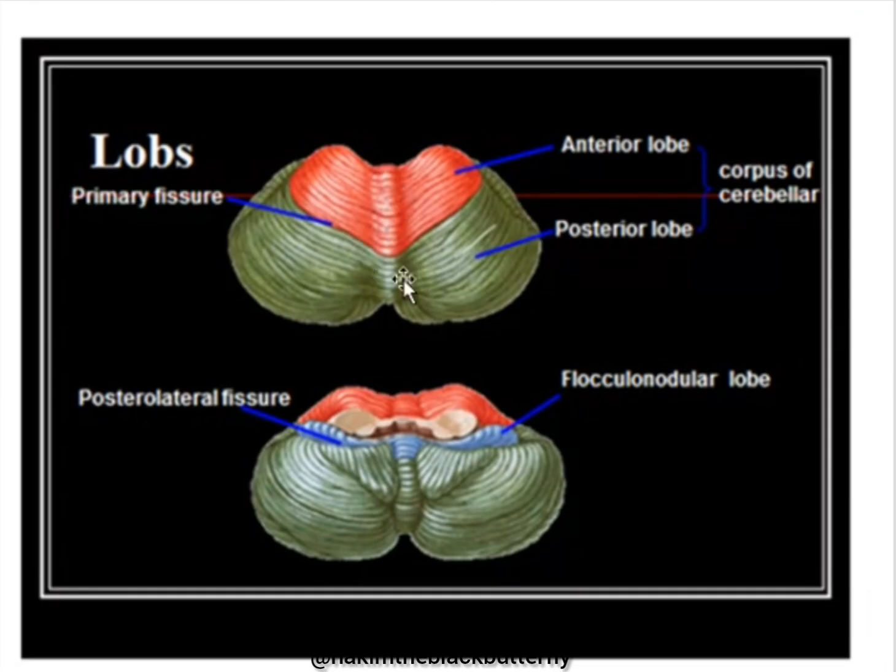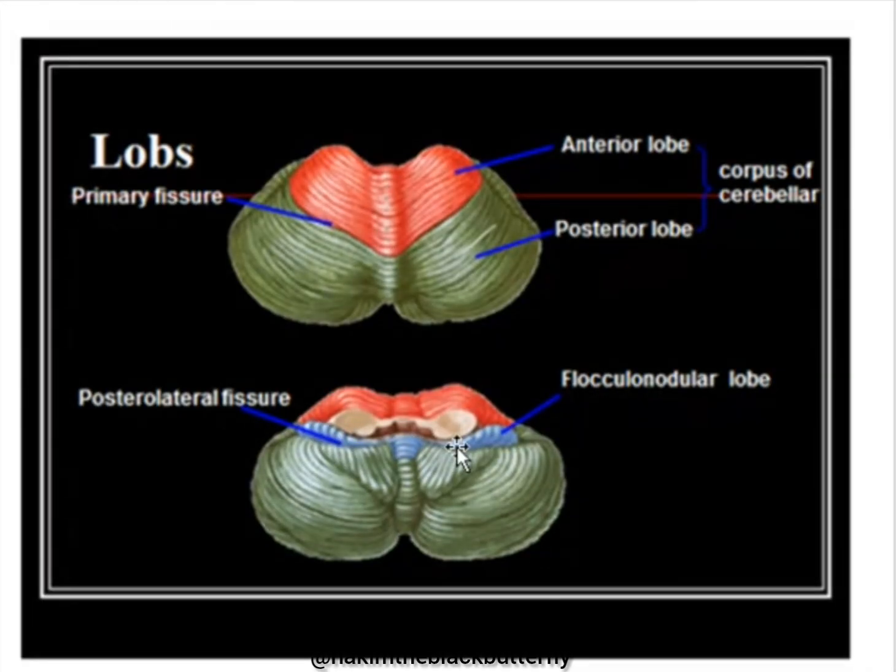Now, when you turn the cerebellum upside down, you're going to see the other lobe known as the flocculonodular lobe. Part of this lobe is contained within the vermis, known as the nodule. And these lateral parts look like leaves. They are known as flocculi. That is why this lobe is known as the flocculonodular lobe.